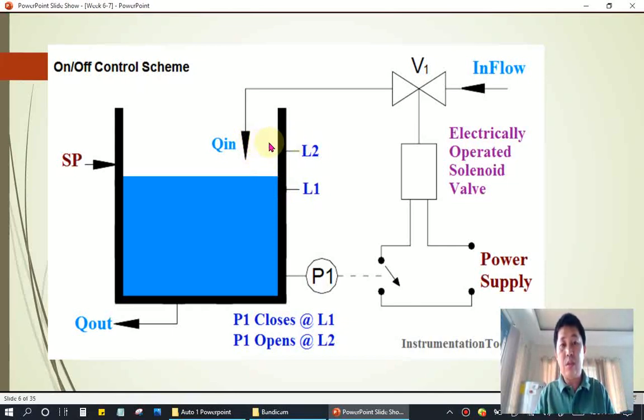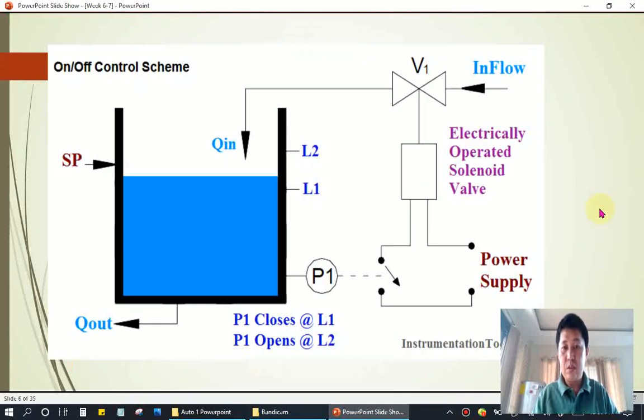It detects the level going up and opens the circuit at L2, and then this electrically operated solenoid valve will be switching off. So L2 is off and L1 is on. That is one explanation of the on-off control.